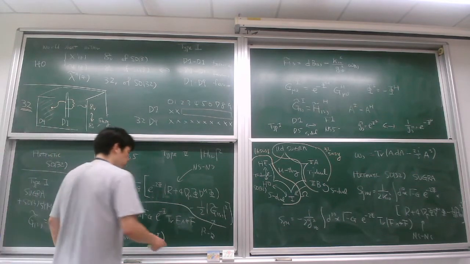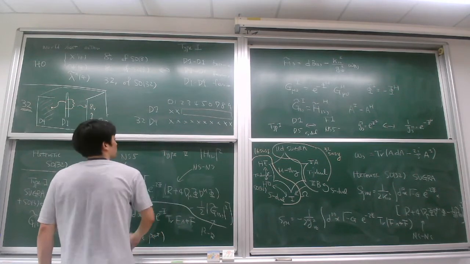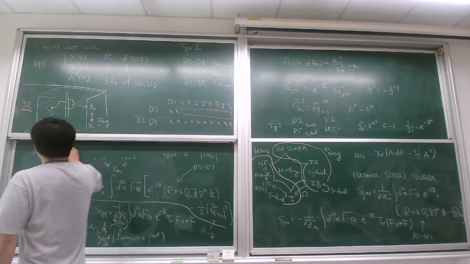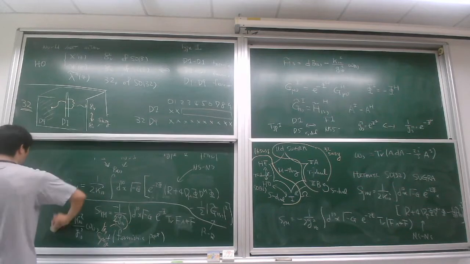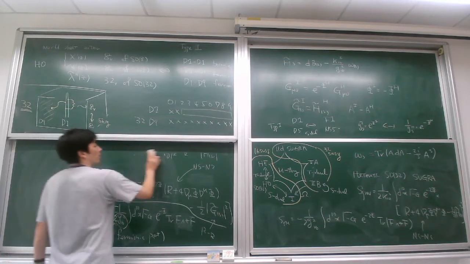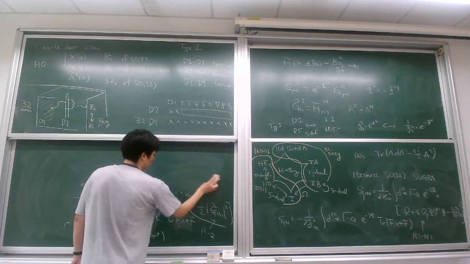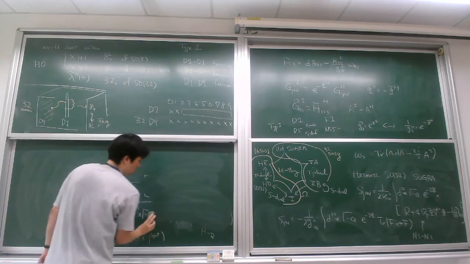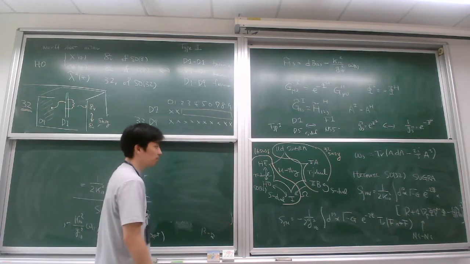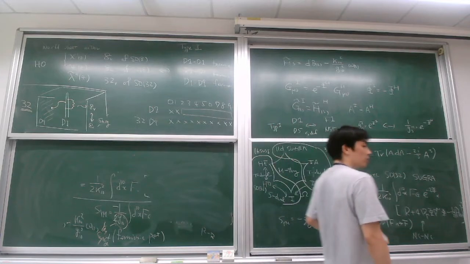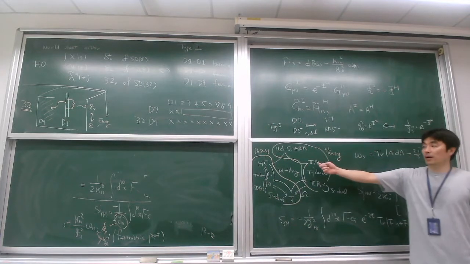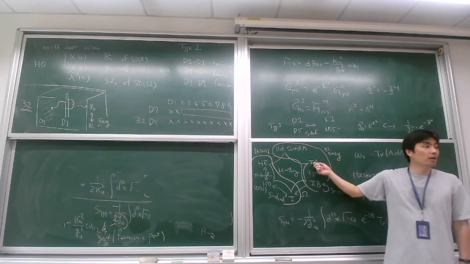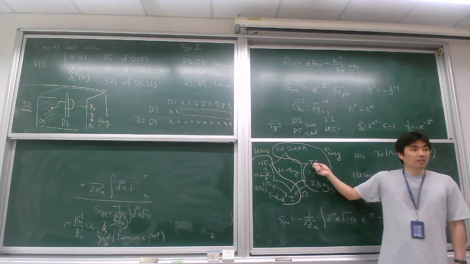Okay, so now one can ask the following question. What is the strong coupling limit of type 2A?